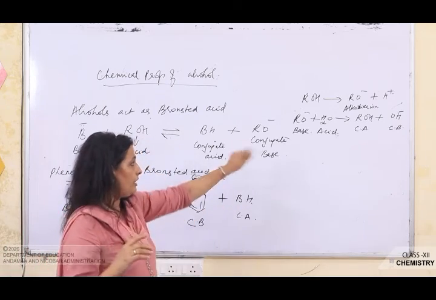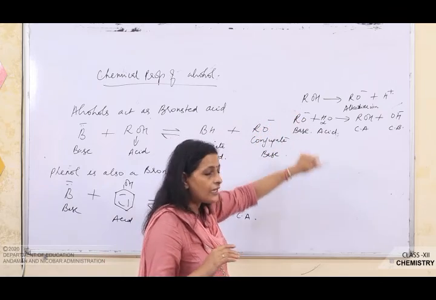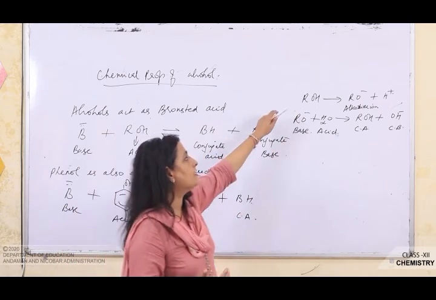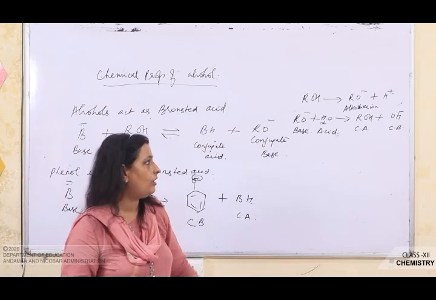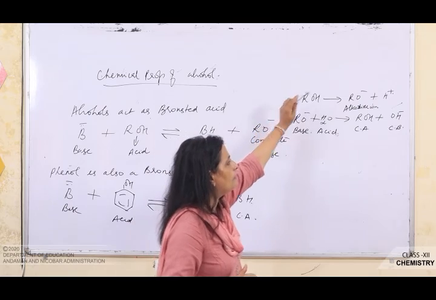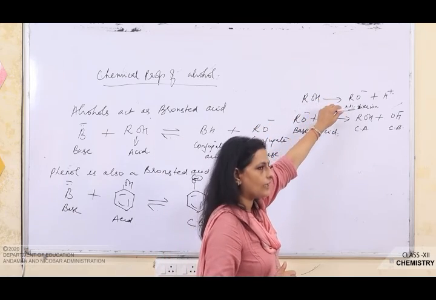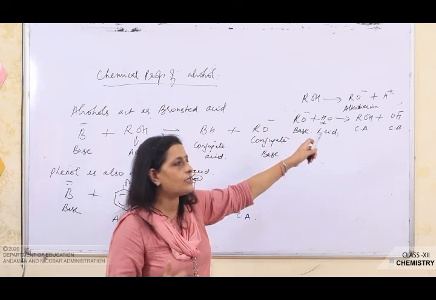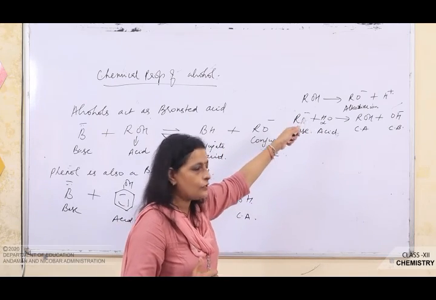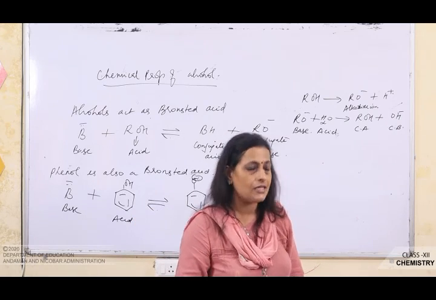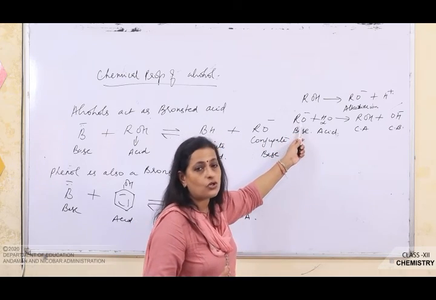Now, next thing you have to clear is, when we compare alcohol and water, water is a stronger acid than alcohol. Why? Because the base formed after alcohol giving a proton, which is known as alkoxide ion, when it reacts with water, it easily accepts a proton from water. So, if the alkoxide ion is easily accepting a proton from water, it means that it is a strong base.